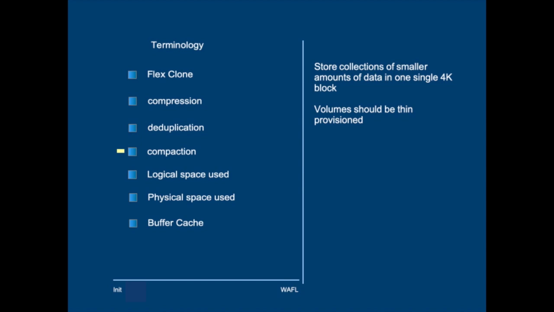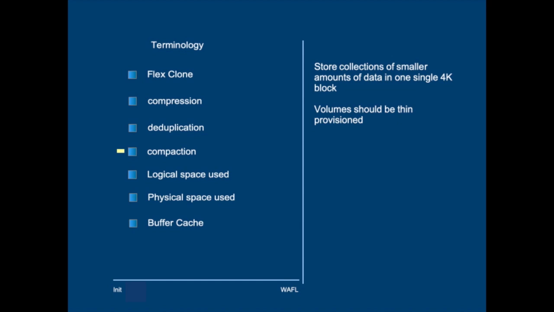So you will waste disk space if you write a single 1K block, because that 1K block will require a 4K block on disk. So you waste 3 kilobytes by storing 1K of data. Compaction will try and gather smaller amounts of data to form one single 4K block, so space is used as efficiently as possible. The volume should be thin provisioned before you can enable compaction.